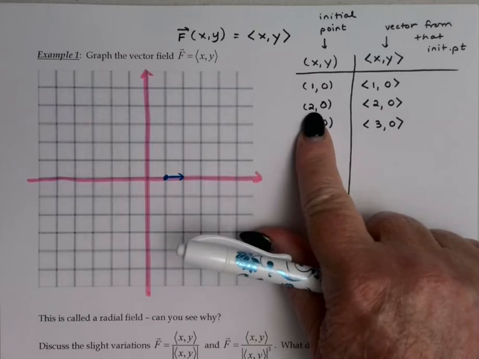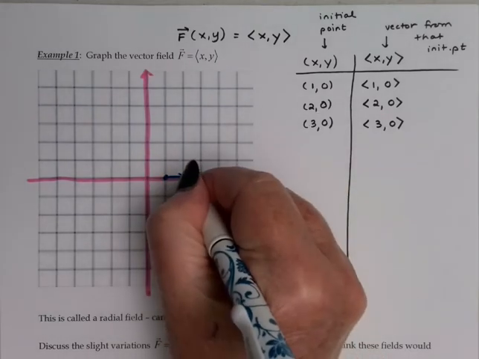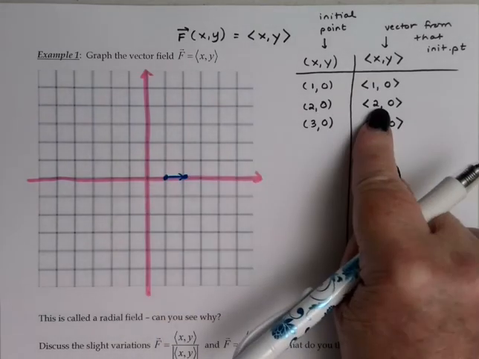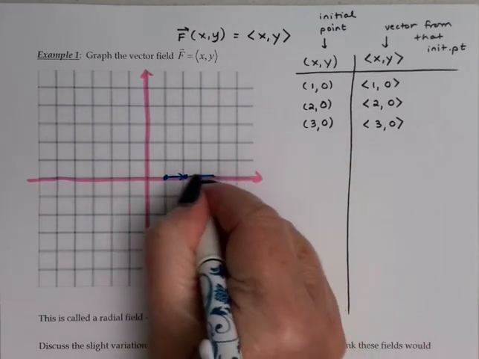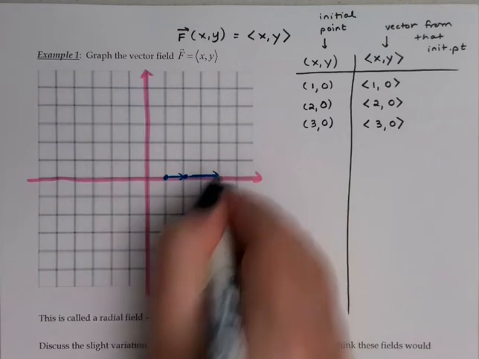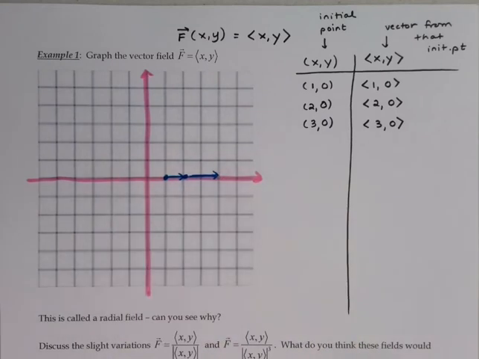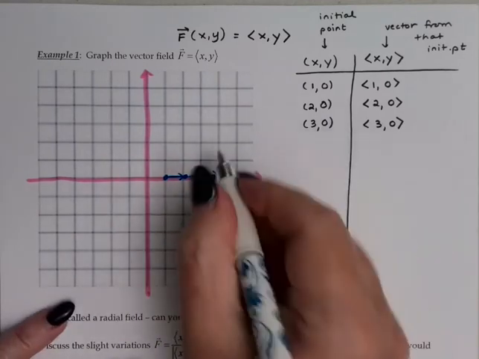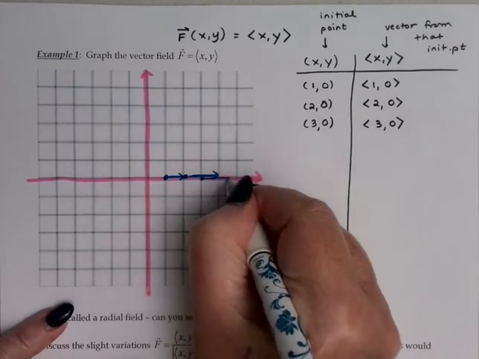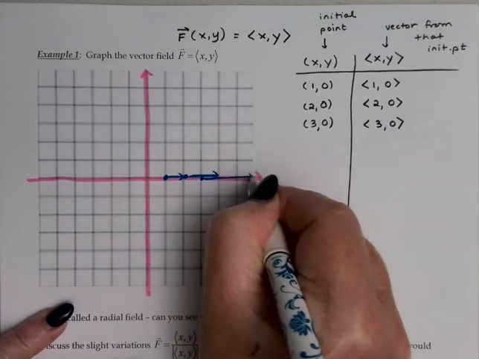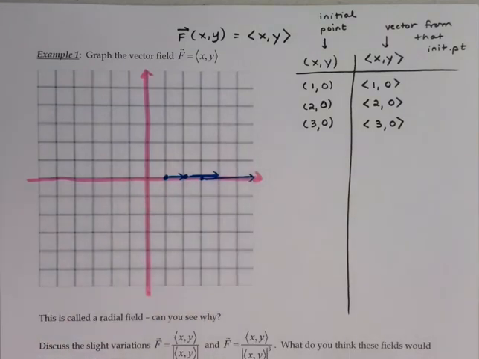Next, at the point 2, 0, I'm going to draw a vector that goes over 2 and up 0, like so. And finally, at the point 3, 0, I'll draw a vector that goes over 3 and up 0. Notice that these vectors overlap, and that's very common.